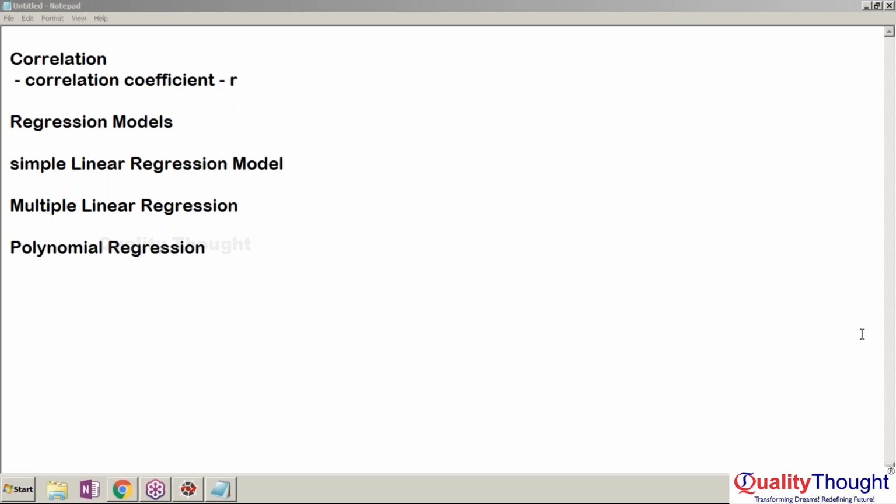Whenever the multiple predictor related model is not holding a good value of the R square. What do you mean by R square, guys?